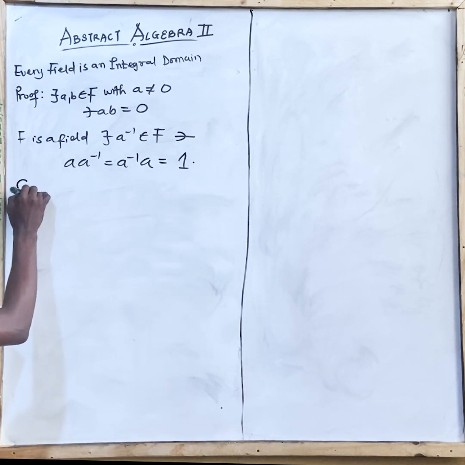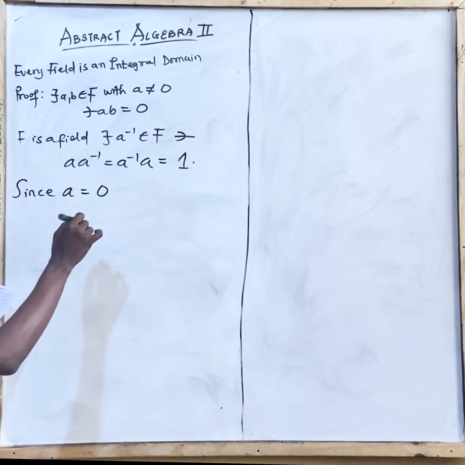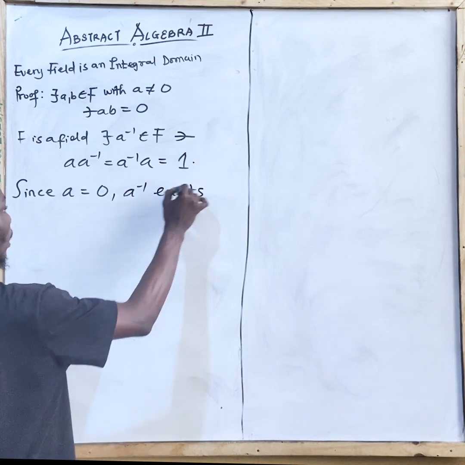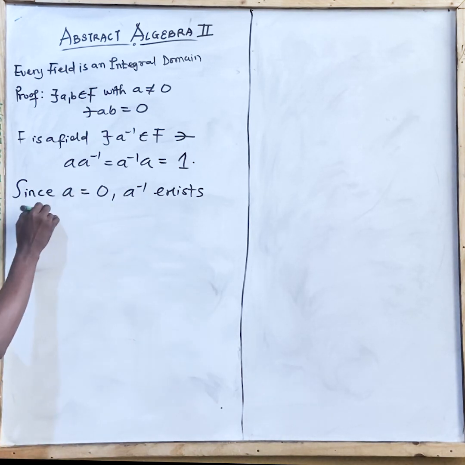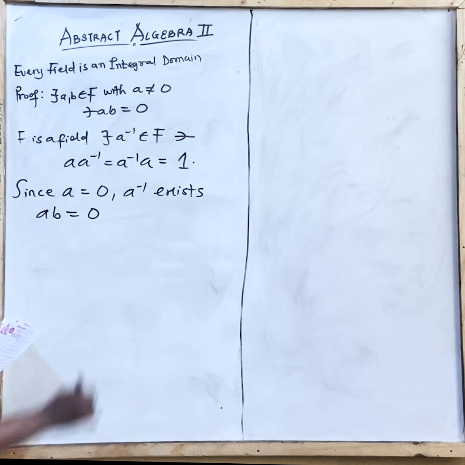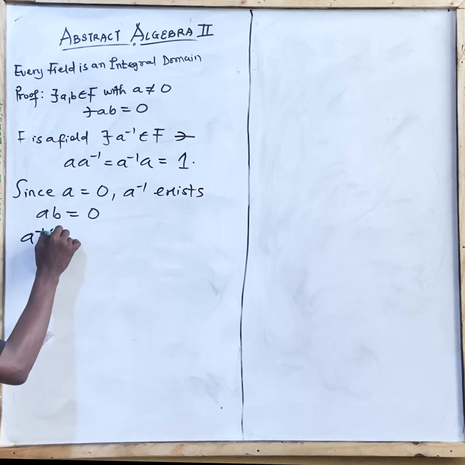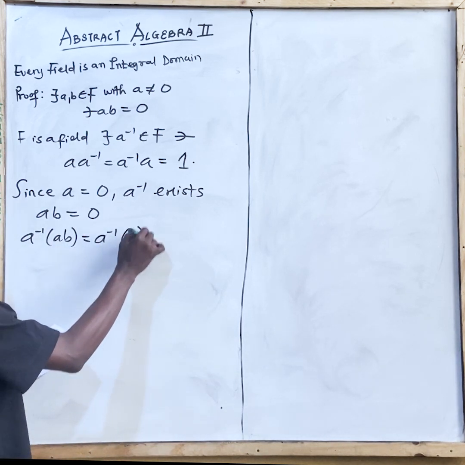So now, since A is not equal to 0, I know that the multiplicative inverse will always exist, because for every non-zero element in a field there exists a multiplicative inverse. I want to show that if AB equals 0, multiplying both sides by the inverse gives A inverse times AB equals A inverse times 0.